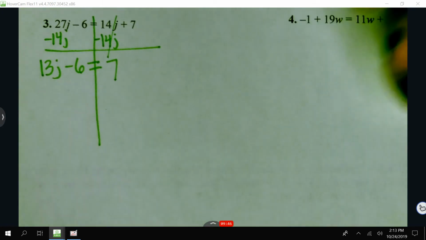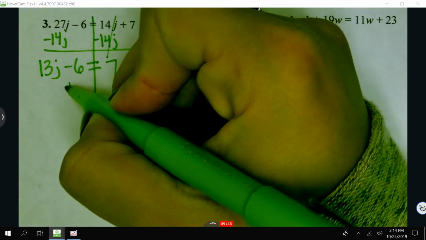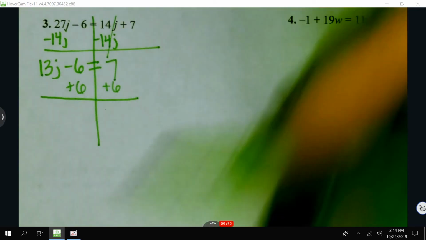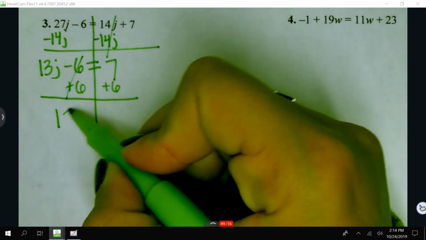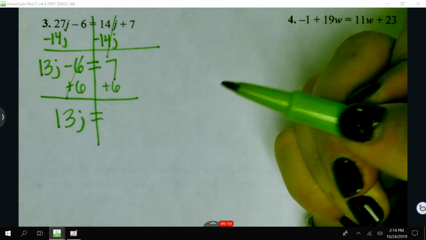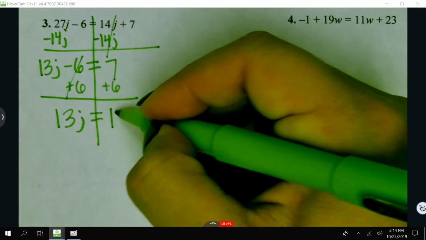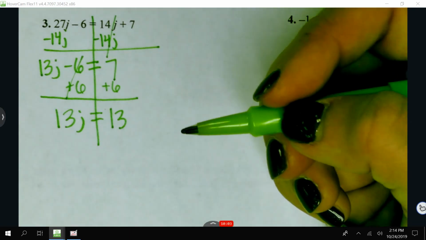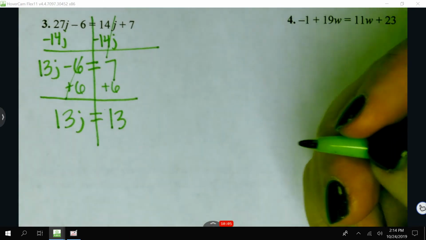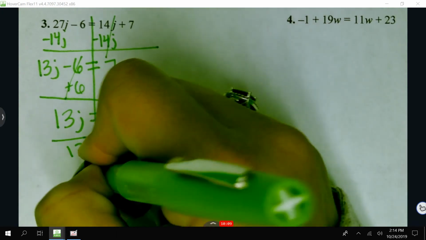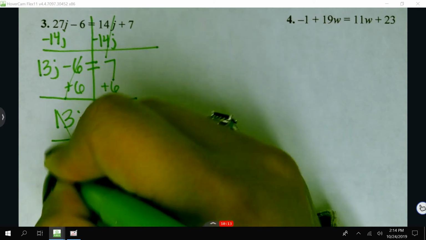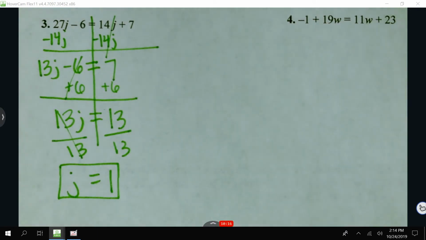Add 6 to both sides. So then on the left-hand side, I'm left with a 13J. And what on the right? 13. Then divide both sides by 13. J equals 1.